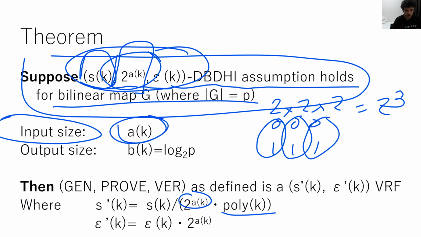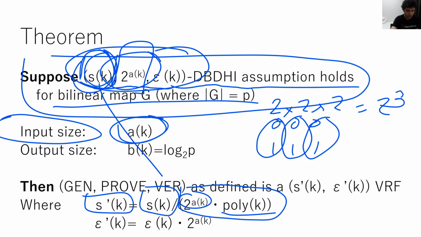And so remember, by the definition of the s, epsilon DBDHI assumption, this first s over here was time, right? The time of our algorithm. So if calling the oracle once to get a VRF output takes this much time, then the total number of times you could call the oracle, which is represented by s prime, is just the total time over here divided by the time it takes to call the oracle a single time.